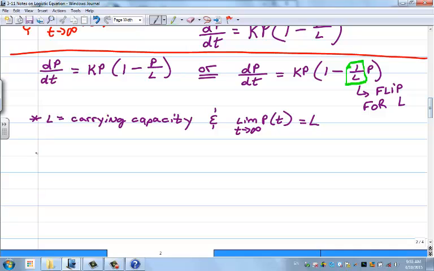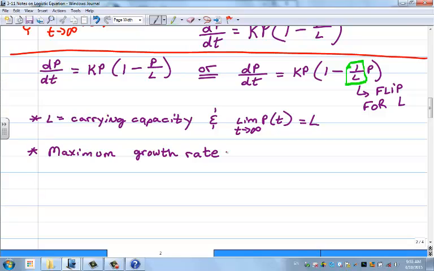Okay, now here's some other interesting information that you need to know. The maximum growth rate, well, this is a parabola, folks. I mean, really, you've got a P squared there, right?